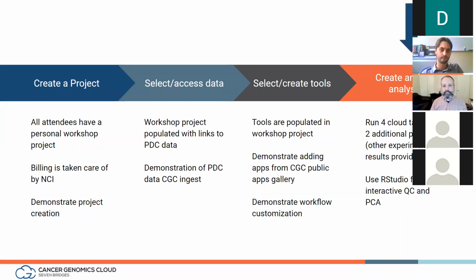So this is a great way to batch things. I've already run the first 21, so we're going to add an additional 2, because I want you to get a feel for how to run multiple experiments in parallel. And then we're going to use RStudio to interactively quality control and cluster the results.